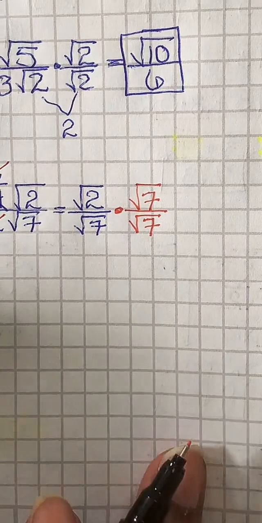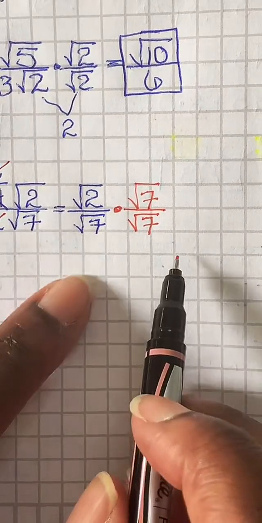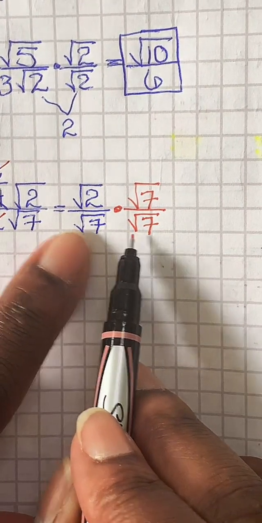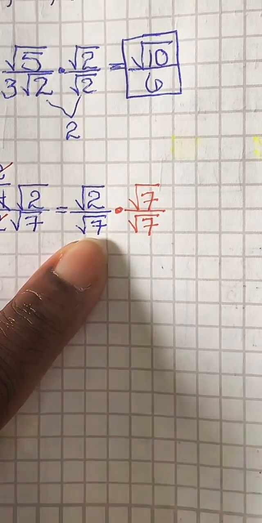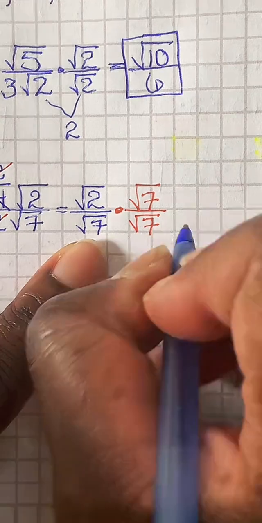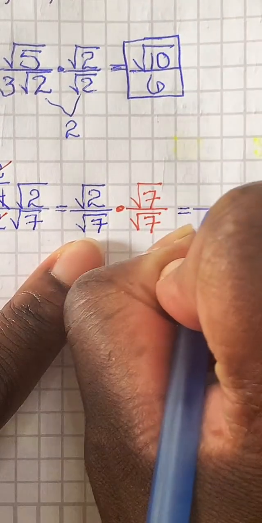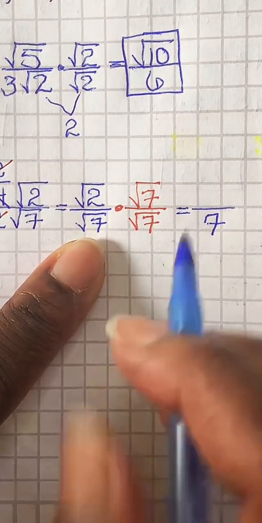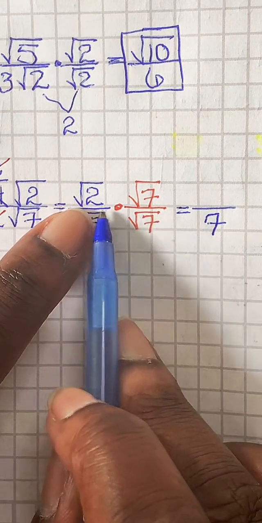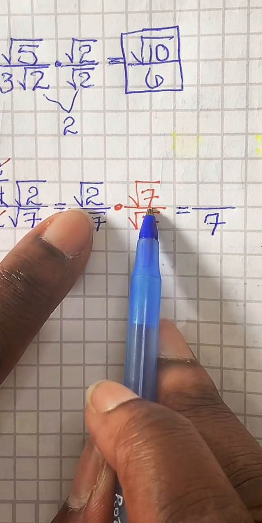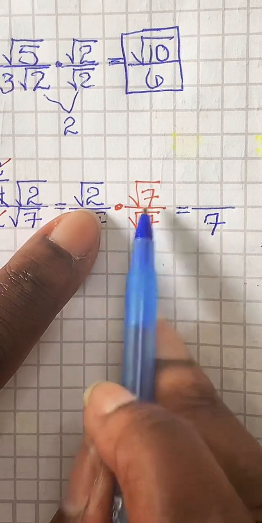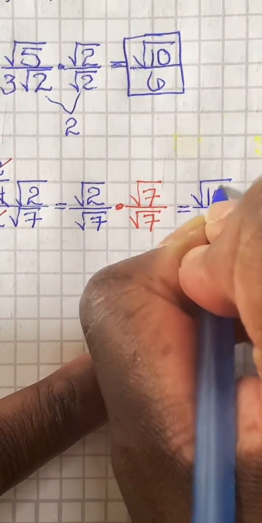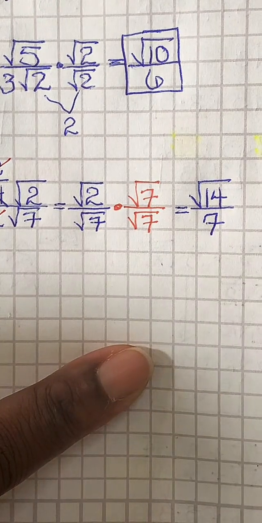So, just like we mentioned earlier and yesterday, square root of 7 times square root of 7, if it's the same radical and the same radicand, that means we get just that 7 in the denominator. But in the numerator, we have the square root of 2 times the square root of 7. Square root times square root can be multiplied, which gives me a square root of 14.